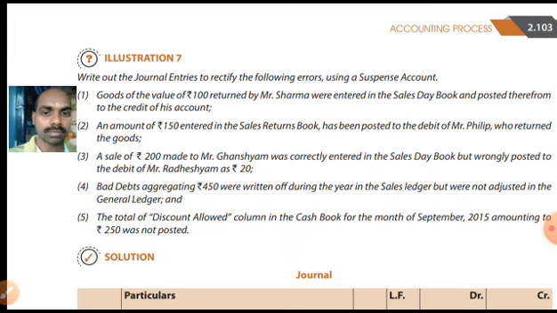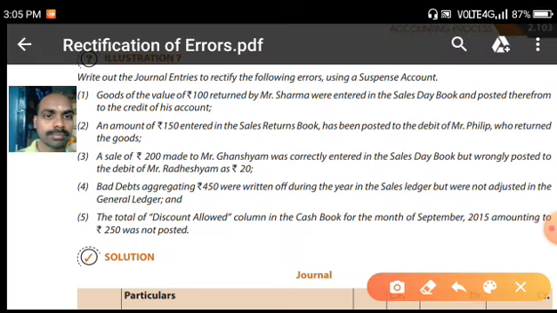Next, see transaction number 3. Sales of 200 made to Ghanshyam was correctly entered in the sales day book.